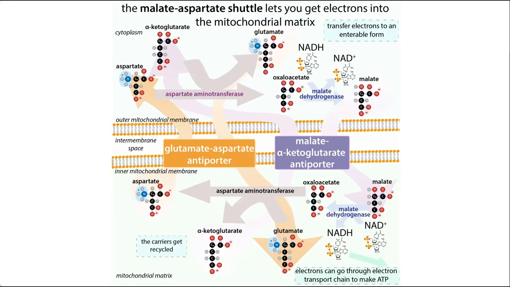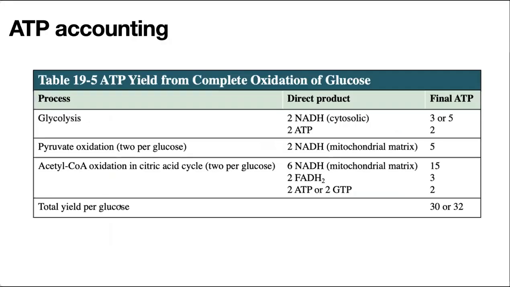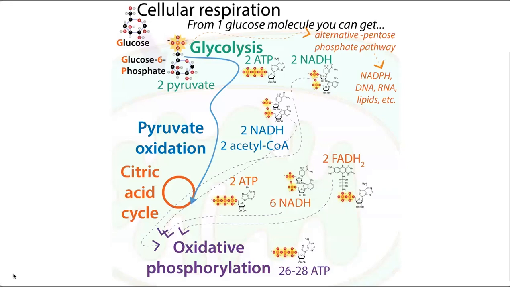That malate can come in. When it comes in, we can then reverse the process. So we take those electrons off of malate and put them back on NAD plus to give us NADH, and that's then able to enter the electron transport chain. So we took this trick in order to enter at complex 1. And if we do that, then we get our full yield.